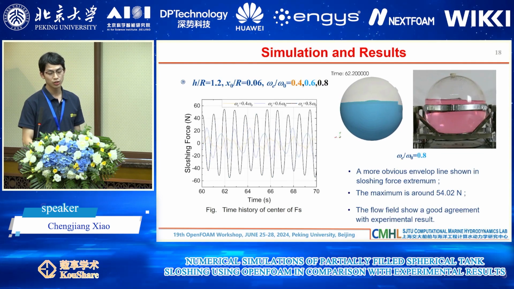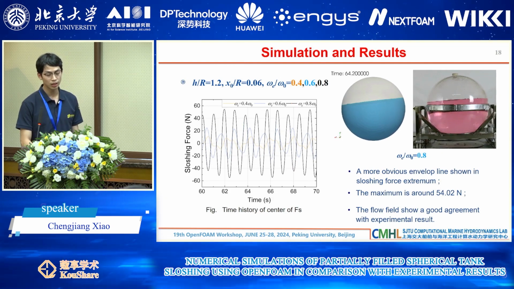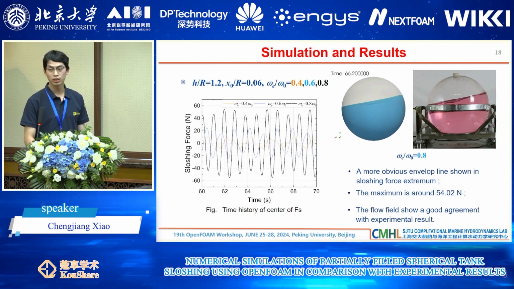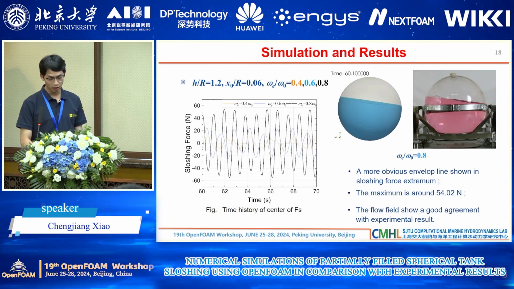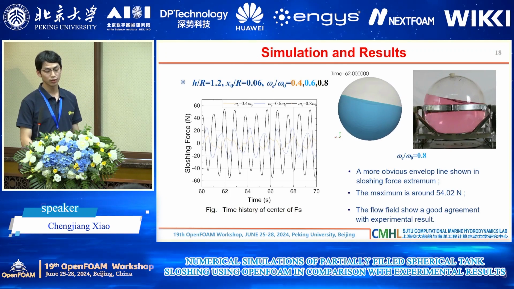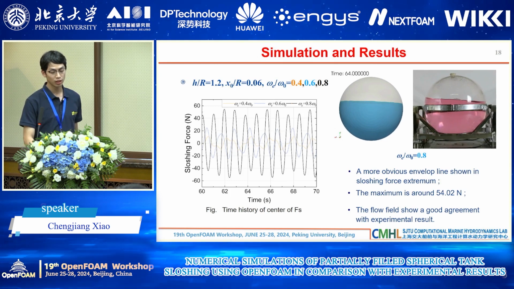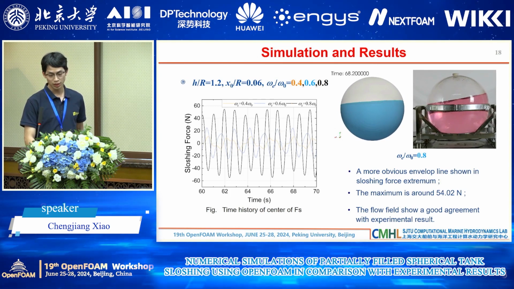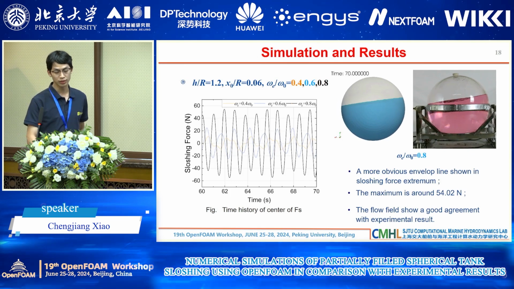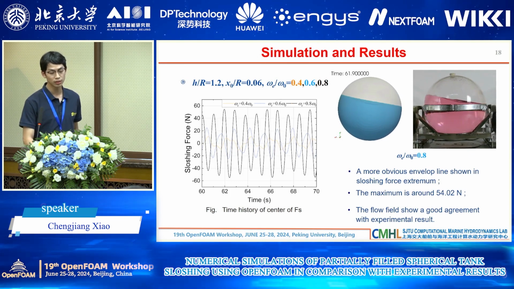Now we add the condition of excitation frequency omega e equals 0.8 natural frequency. The time history of sloshing force shows an obvious increase, and the right side shows the flow field of numerical simulation and experimental results at the same condition.